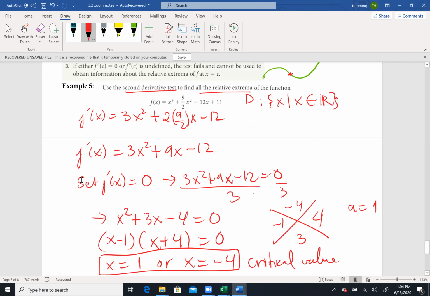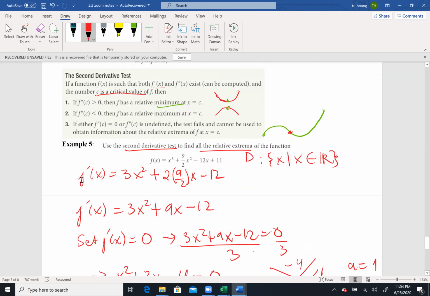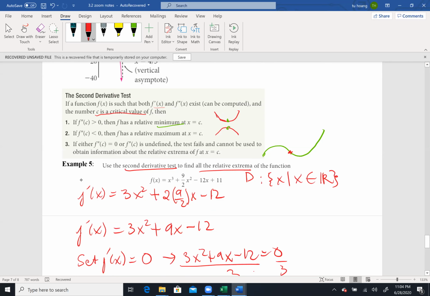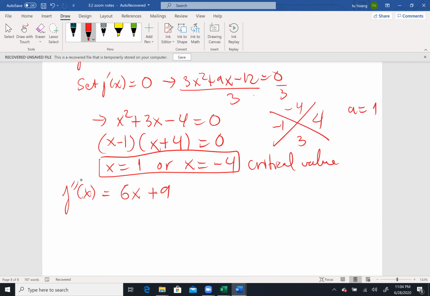I know that we have two critical values, so I have to check. f second derivative of 1 will equal 6 times 1 plus 9 equals 6 plus 9 equals 15, greater than 0.